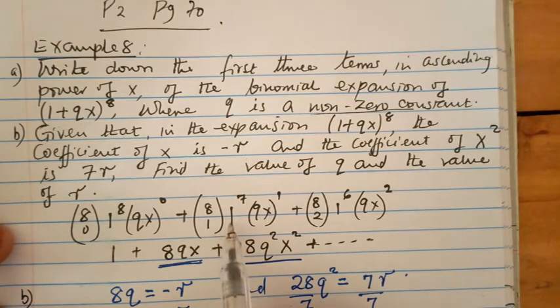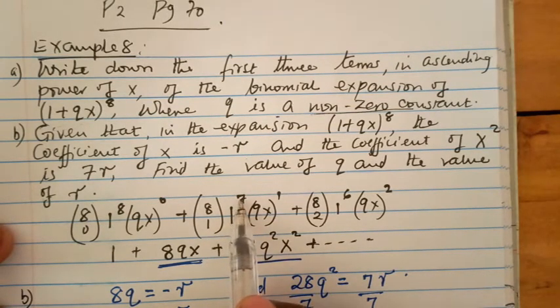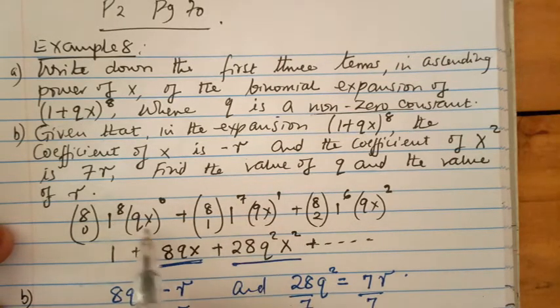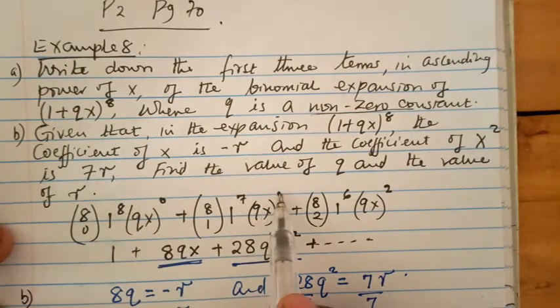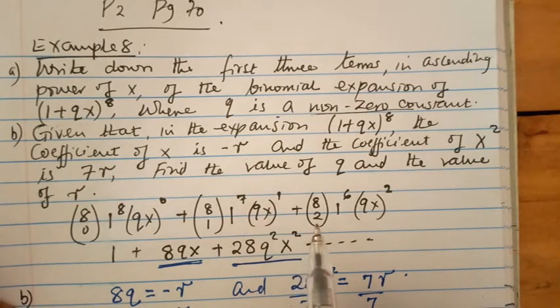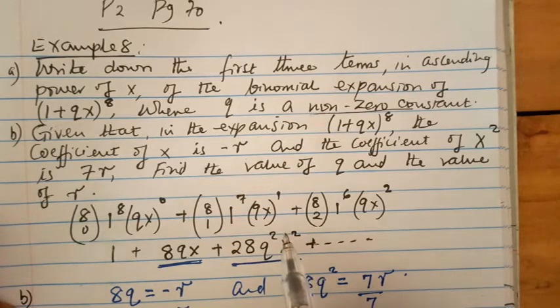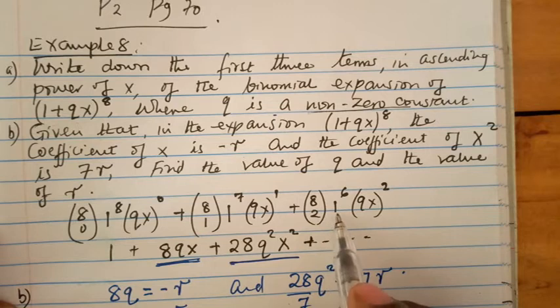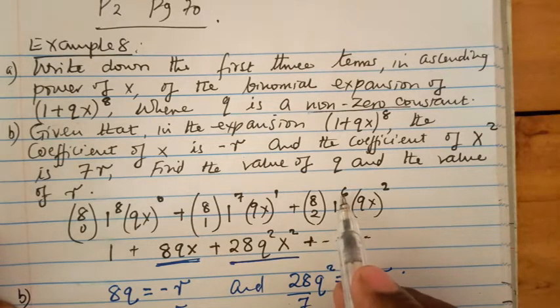8C1, 1 raised to power 7, which is reduced by 1 from 8, and then the second term, qx raised to power 1; again 7 plus 1 remains 8. That is the second term. The third term, 8C2, 1 raised to power 6 now.